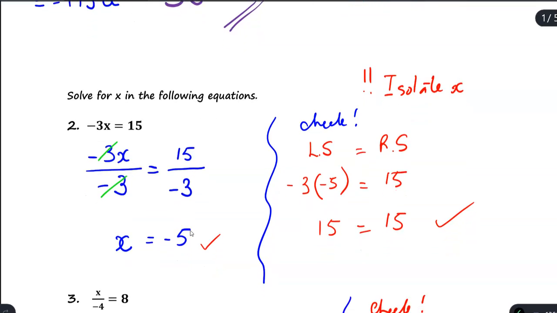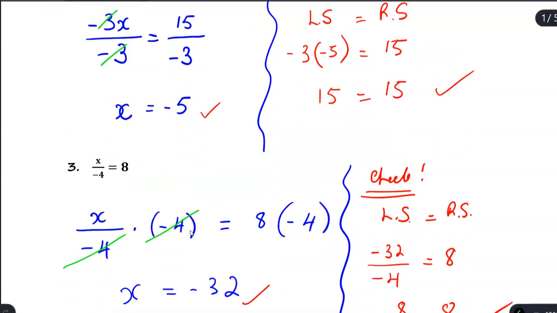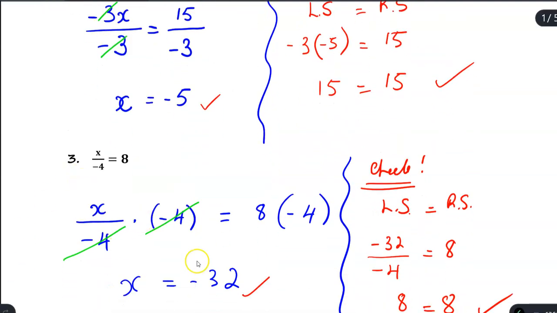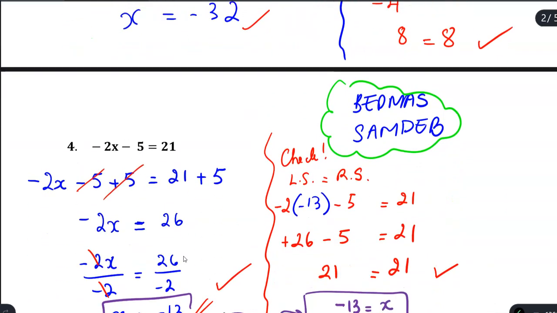What is the opposite operation of multiplication? It is division. What is the opposite operation of division? It is multiplication, okay? And what is the opposite operation of addition? It is subtraction. What is the opposite operation of subtraction? It is addition.